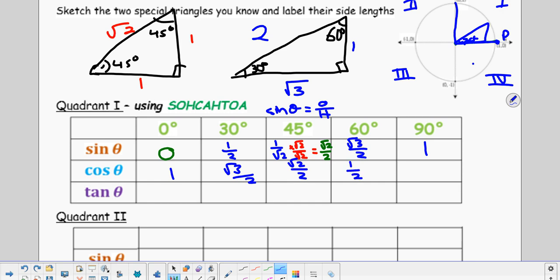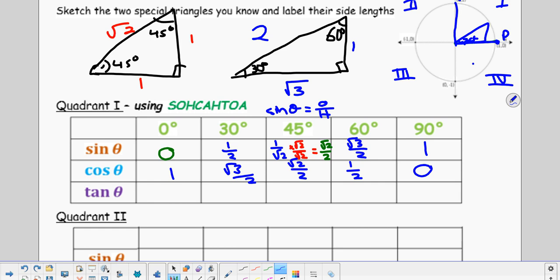Cos of 90 is 0. Why is it 0? Because it's the opposite of sine. Cos theta is its horizontal distance from 0, so the x coordinate of that point P would be 0. 90 degrees would be just a line going up.